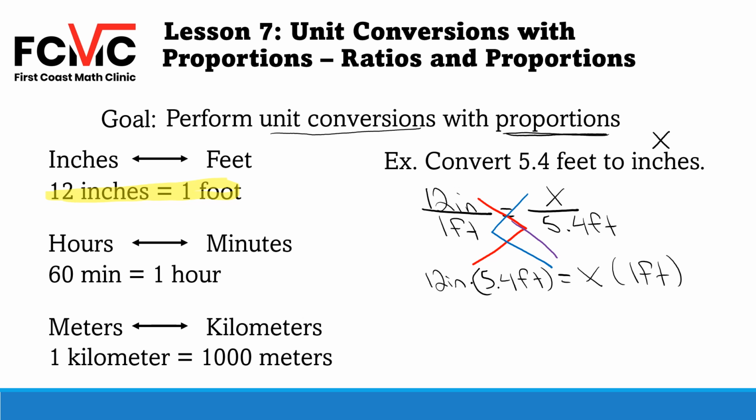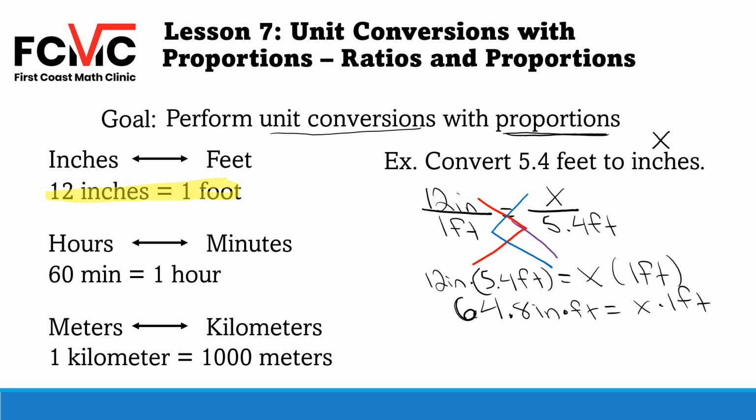Now multiplying this out, 12 times 5.4, we get 64.8, and I'm keeping the labels inches and feet in here because people can have a difficult time discerning what's actually happening with these labels. So inches times feet, because we're multiplying everything out, equals x times 1 foot.